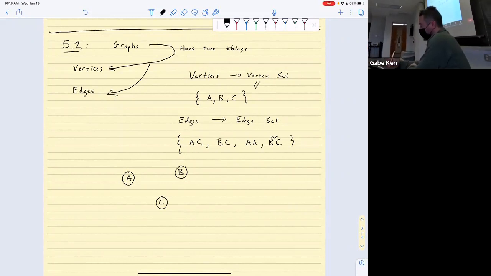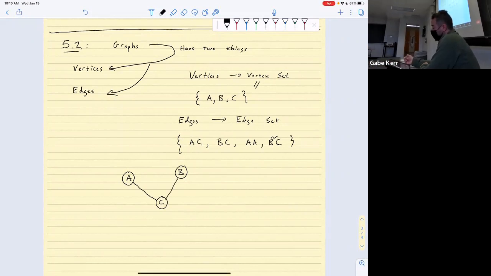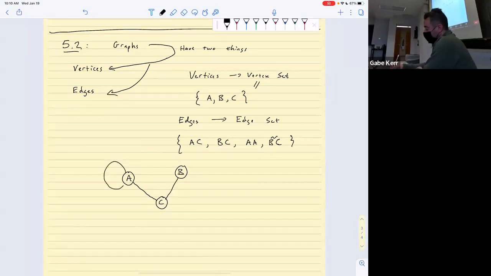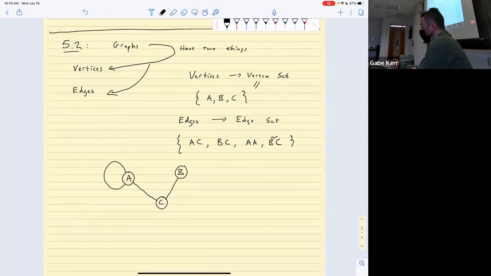So AC is one of my edges. I'll connect A and C. BC connects B and C. AA connects A with itself, so I draw a little loop. I've got another, this tilde just denotes that I've got a different edge, but it's still connecting B and C.